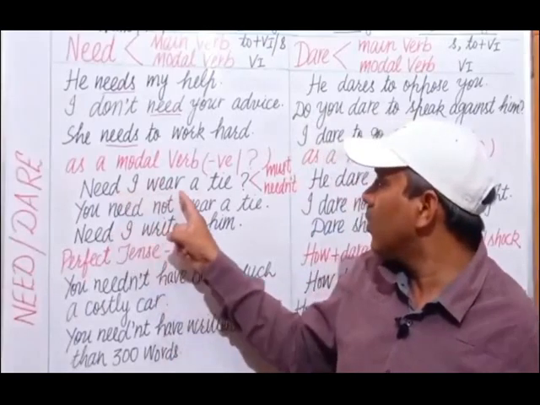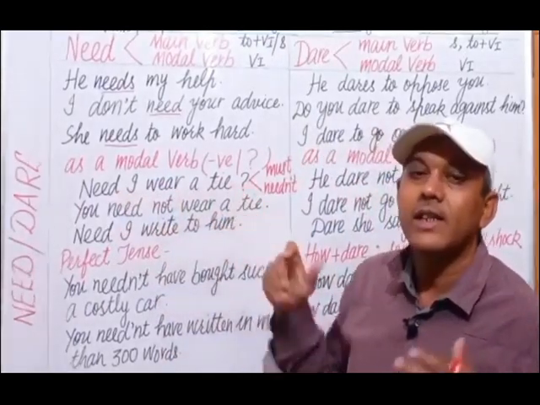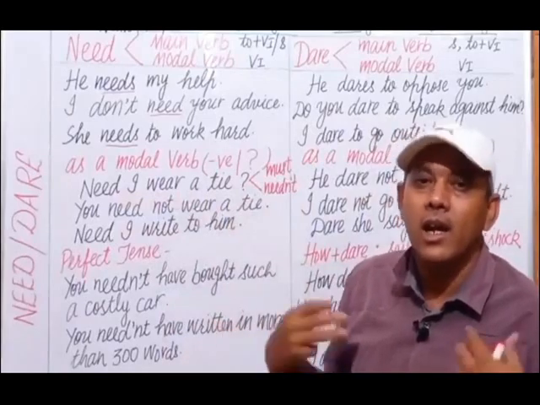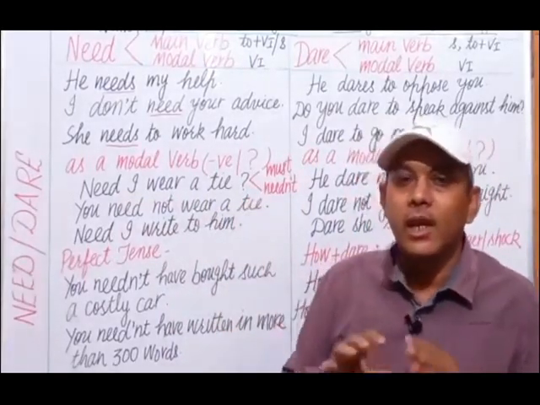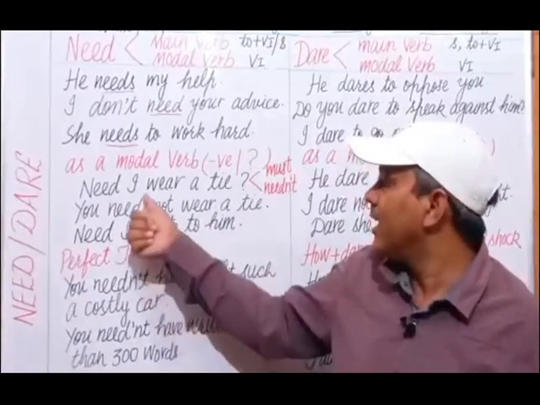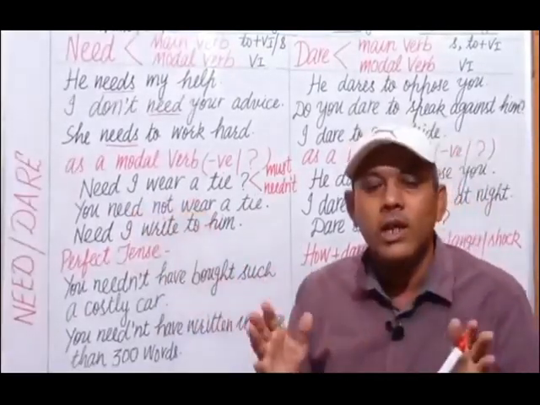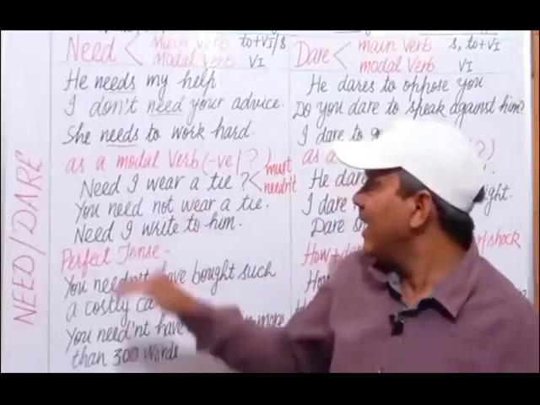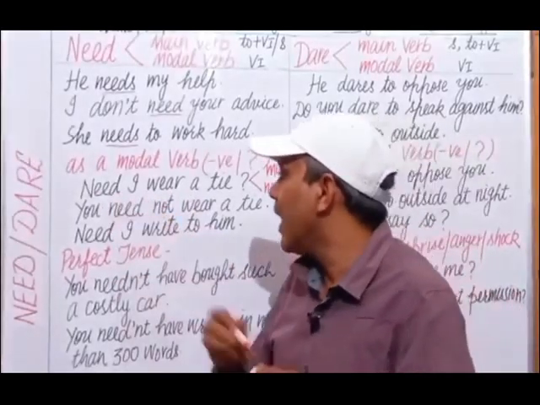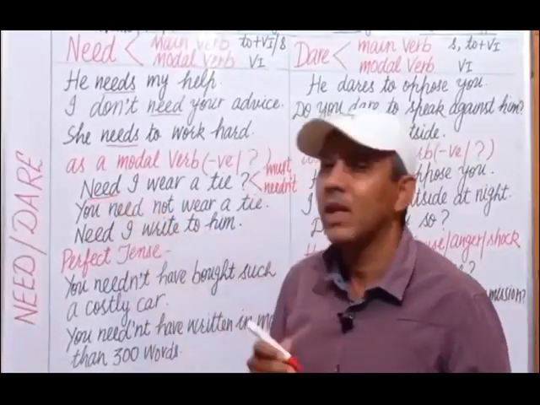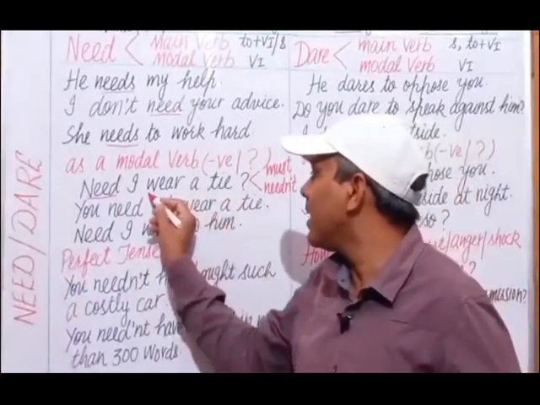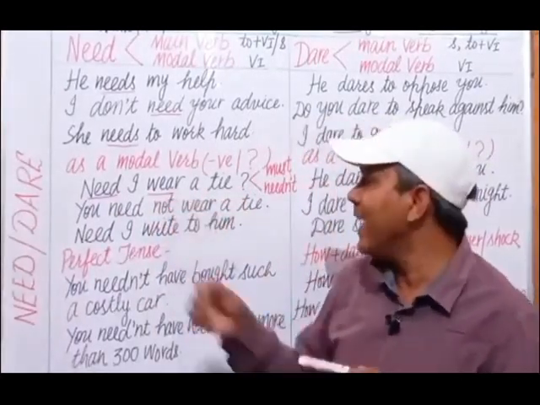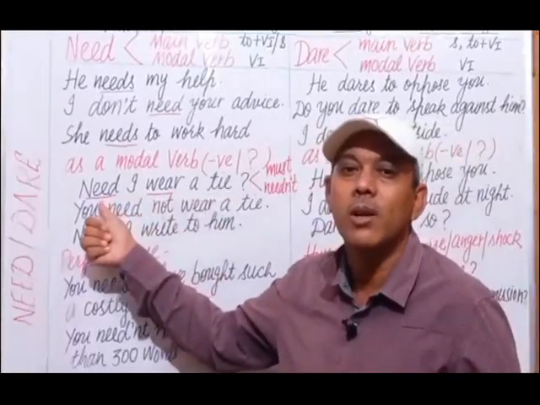If the answer is yes, then someone can answer me, yes, you must. If there is no need, then its answer will be no, you needn't. Here it is used as a modal verb, because here the main verb is wear and need is acting as a modal verb.